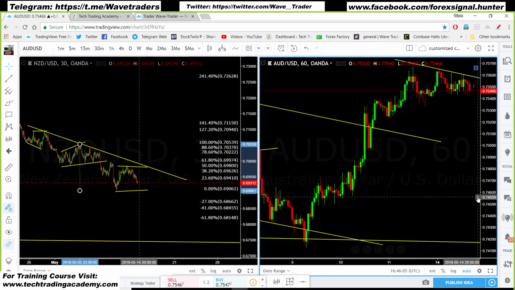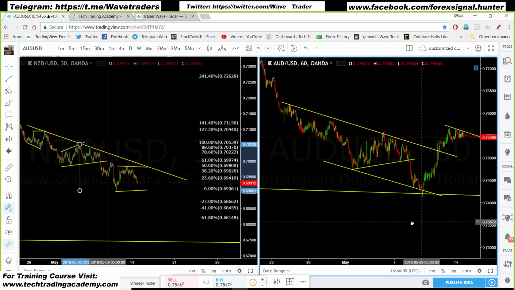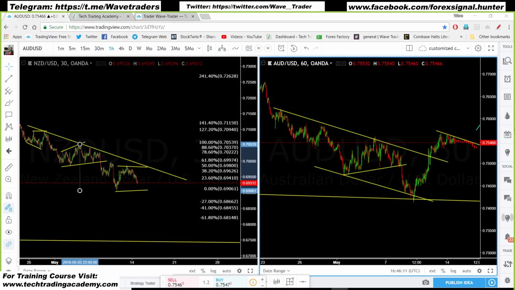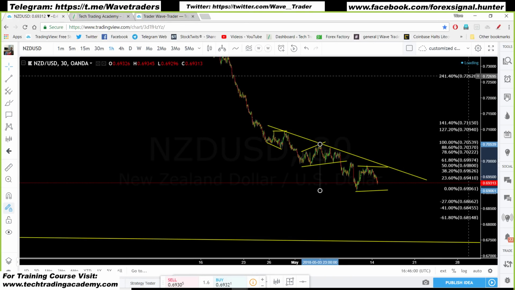Here we have the Aussie dollar, US dollar. When you see that happen, after completing one more wave, start to buy. I'll try my best to update this chart for the New Zealand dollar, US dollar once it is ready to go for a buy.